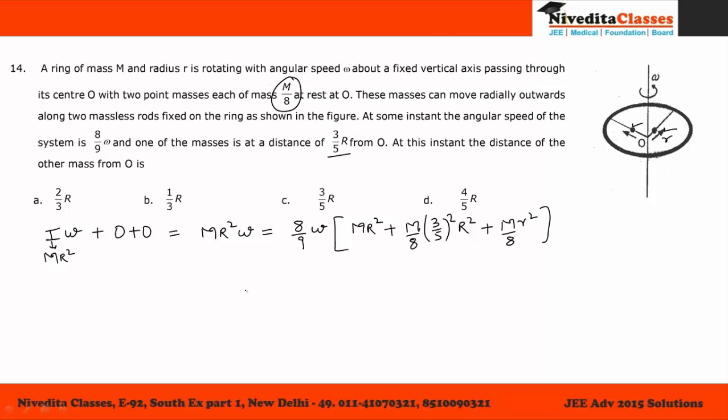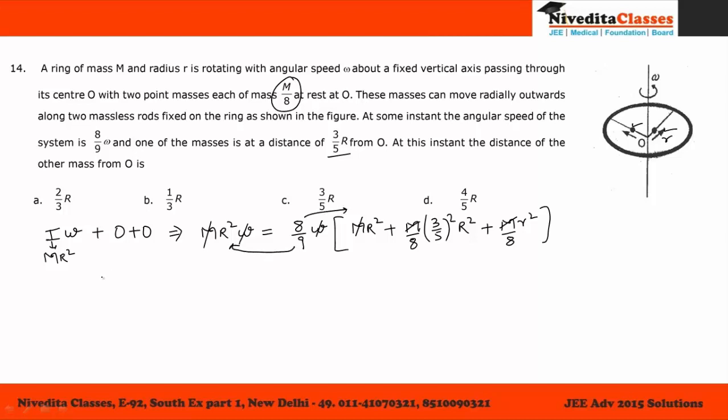Okay. So in this case we can cancel omega from both sides. Okay, and we can cancel this capital M from all the terms because it is common, and let's take this 9 on this side and multiply 8 inside.